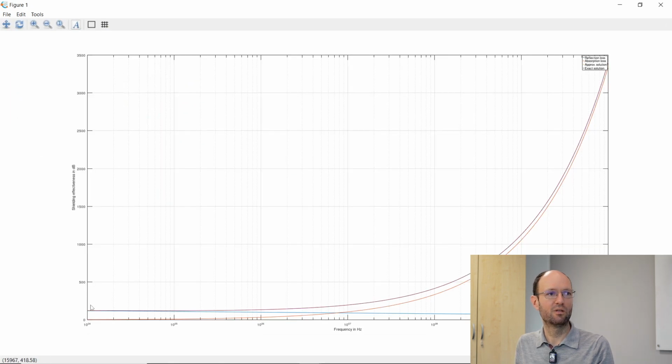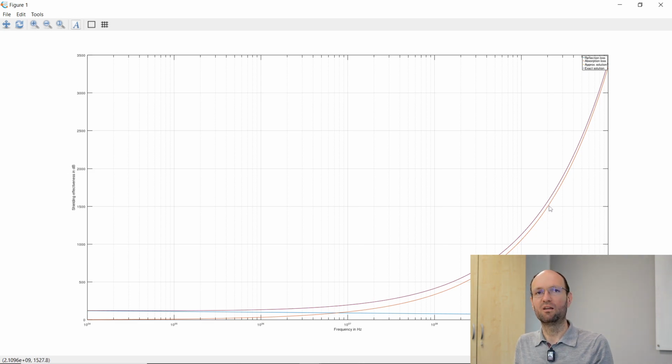Okay, so we can see that the reflection loss goes down with frequency, something that we discussed before. So then the absorption loss grows, and then the exact and the approximative solution are very close to each other. So we just see more or less one curve, and we can see how this shielding effectiveness increases with frequency.